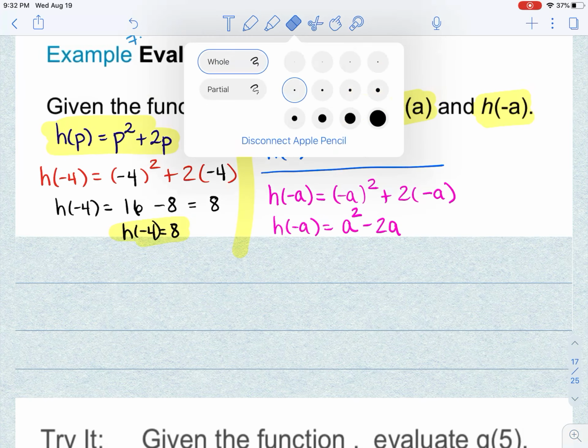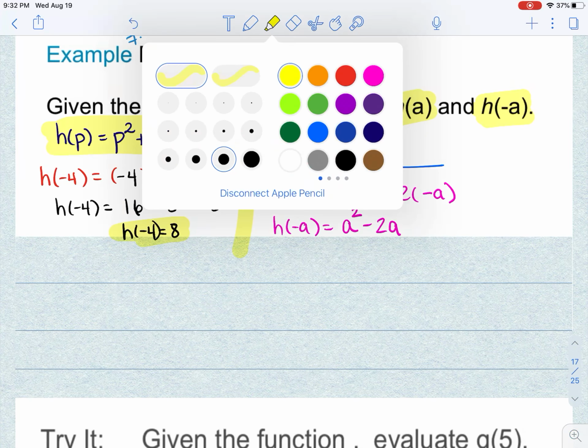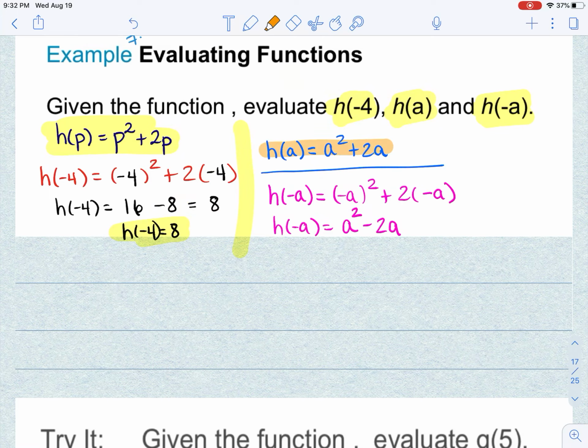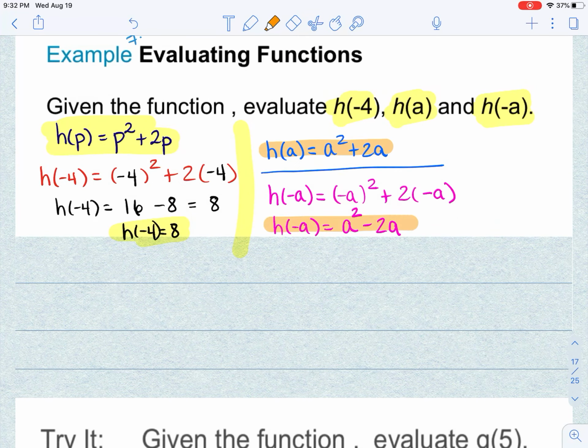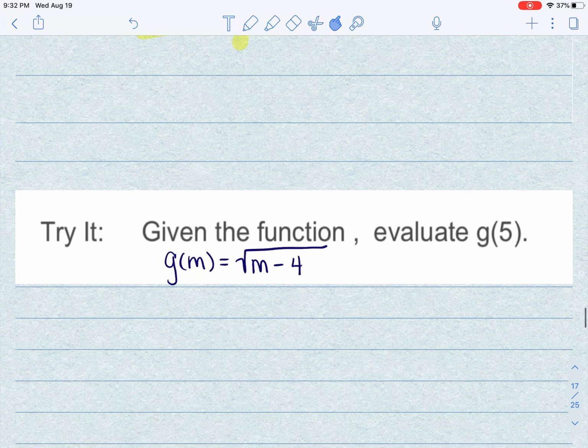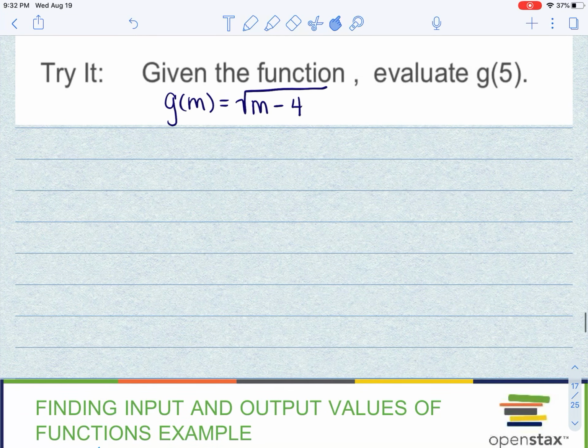And you can't go any further than that. So that was the third one. All right, your turn again.